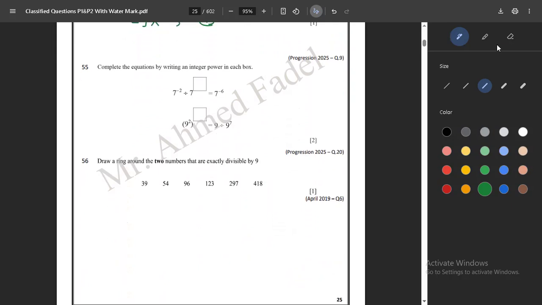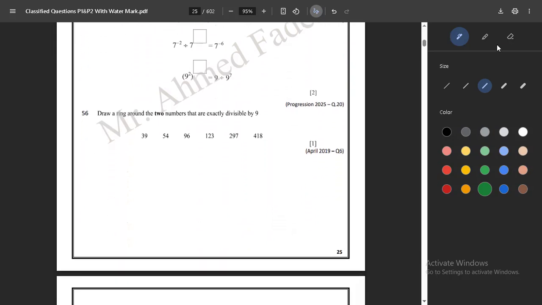Complete the equations by writing an integer power in each. Let's do this. Here, 7 to the power of negative 2 divided by 7. Well, negative 2 plus what gives you negative 6? Negative 4. So this is a negative 4. Because we agreed if I have one base to a power, then to another power, the powers will be multiplied.